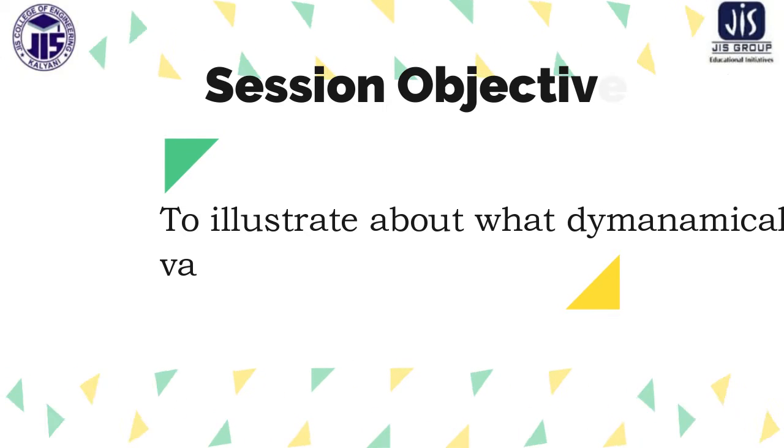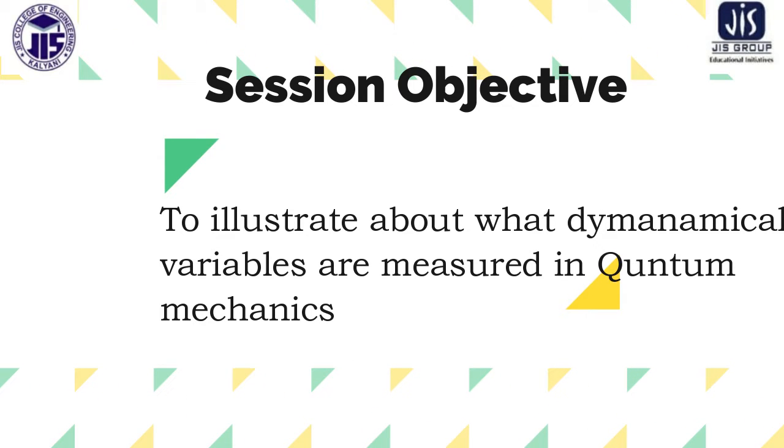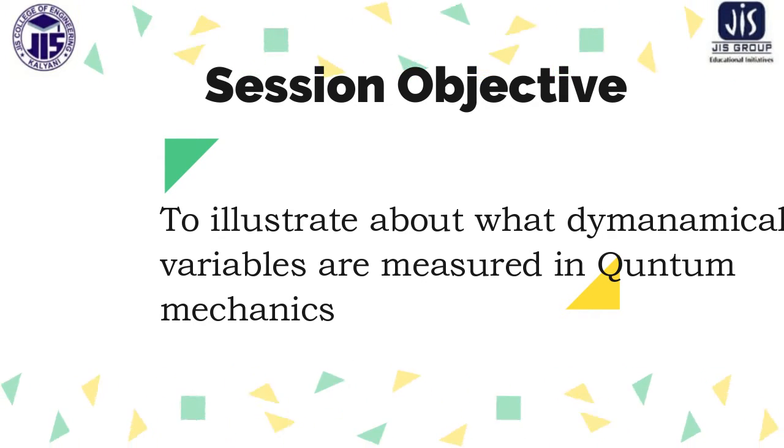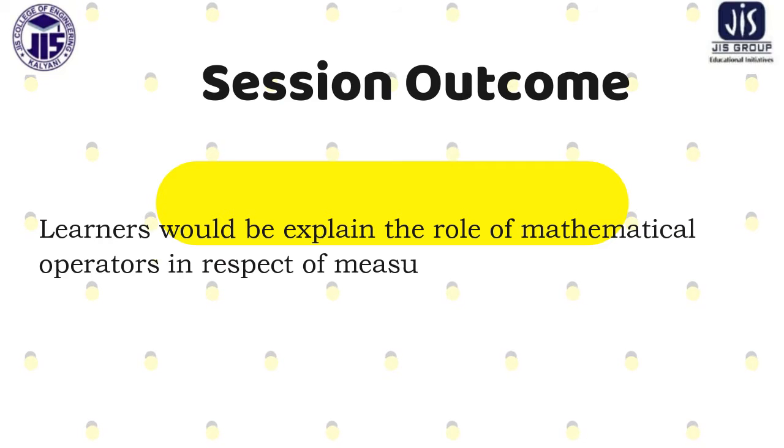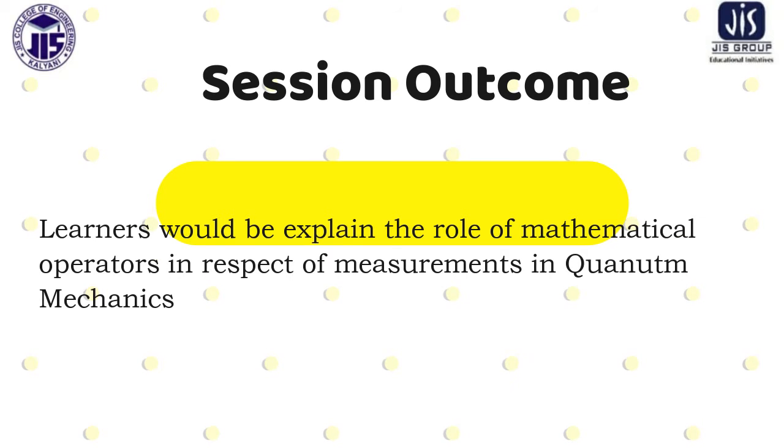In this particular class, you can see the related prerequisite, the objective of the class, and if at the end of the class you are supposed to get something from me, that is the outcome of the session, which you can also see on the screen.